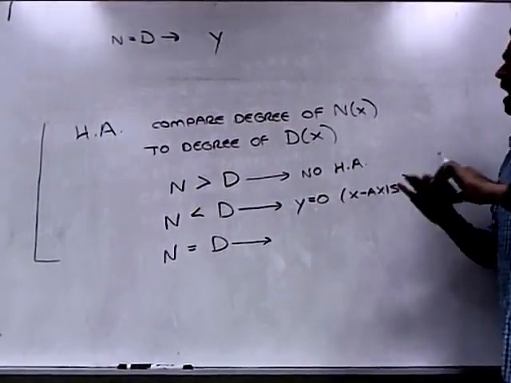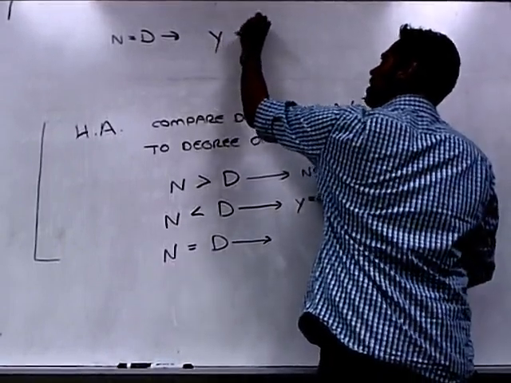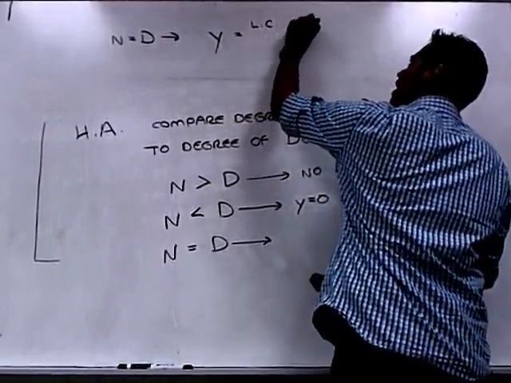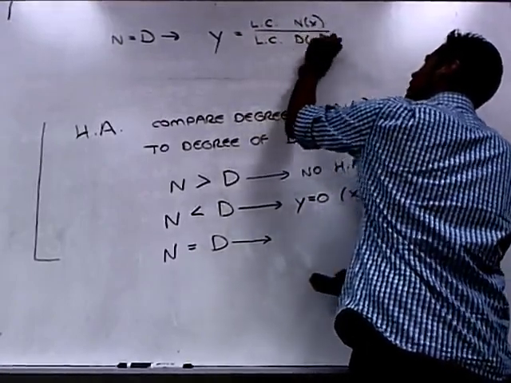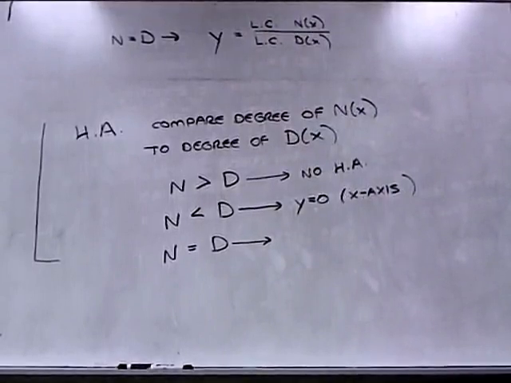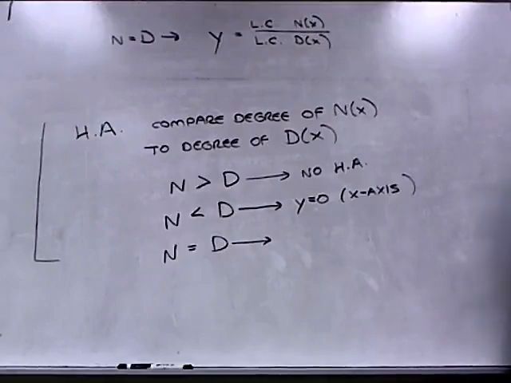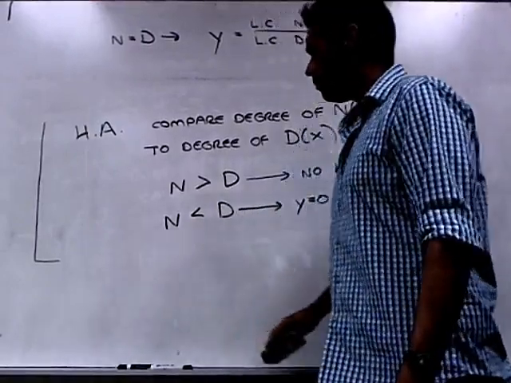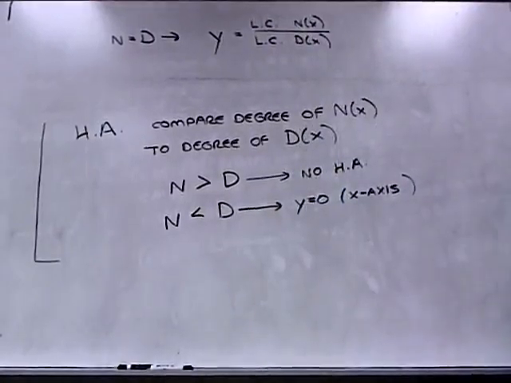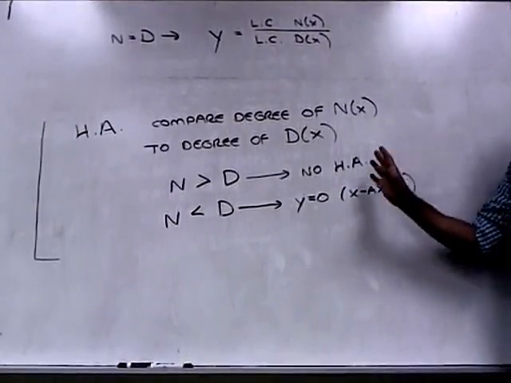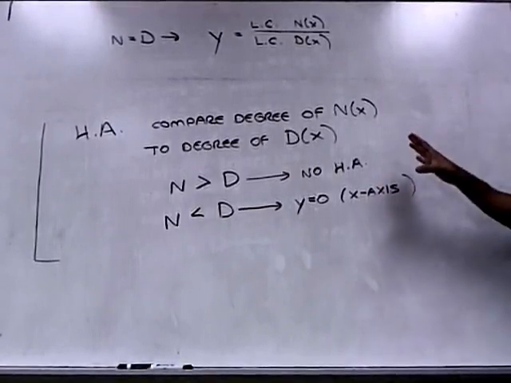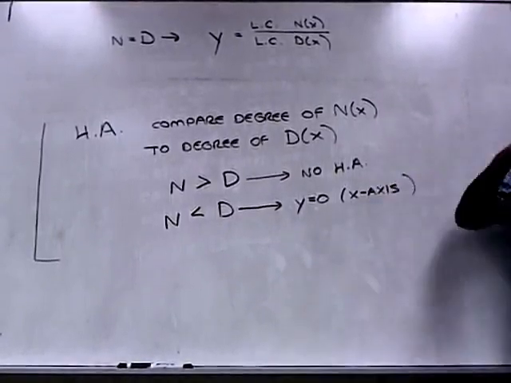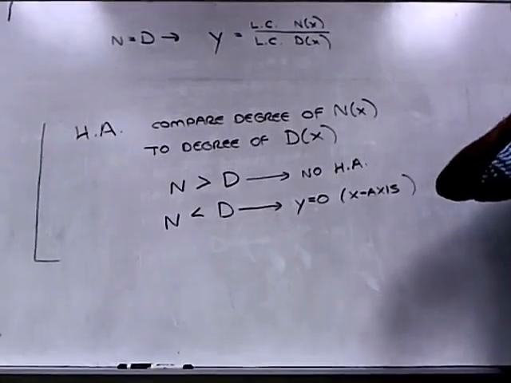It'll be exactly the leading coefficient of the numerator divided by the leading coefficient of the denominator. I'm going to go through and explain how that works. Now, help me out here. Let's describe what these are, because if I have one, I want to be able to draw it on my graph, right? What is it on my graph?